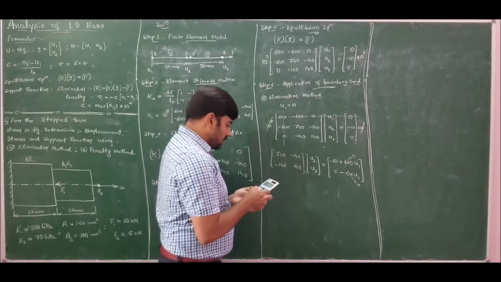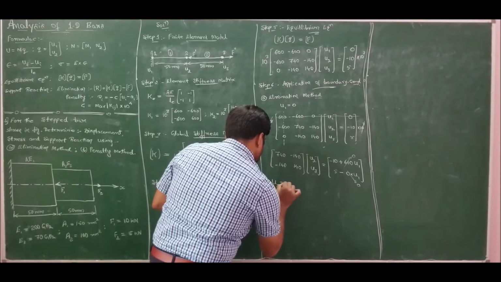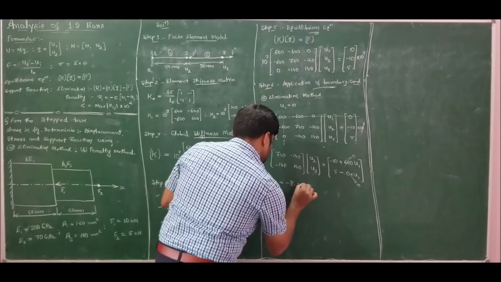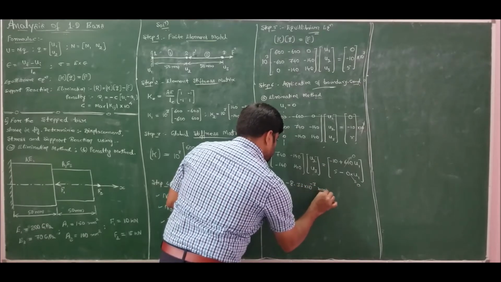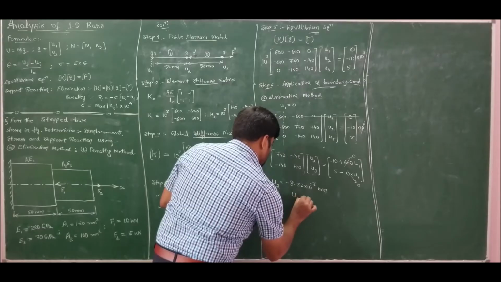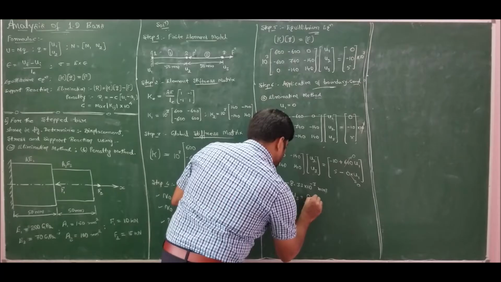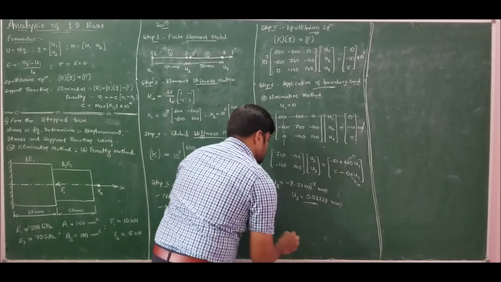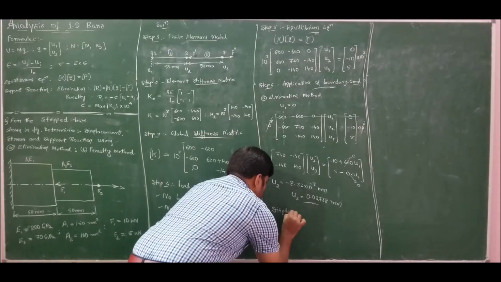So the answers are: u2 turns out to be minus 8.33 into 10 to the power of minus 3 millimeters, and u3 turns out to be plus 0.02738 millimeters.